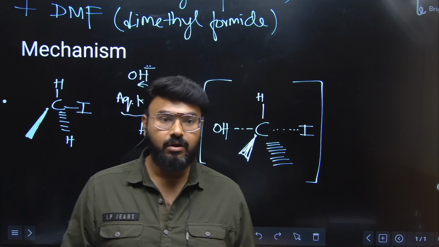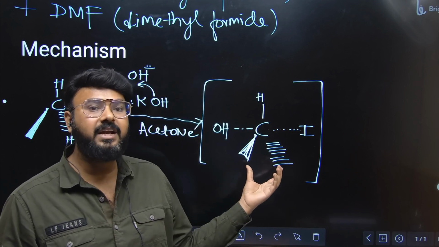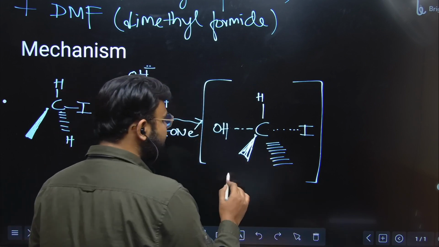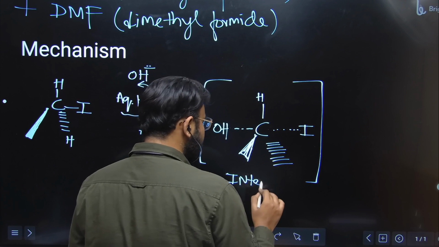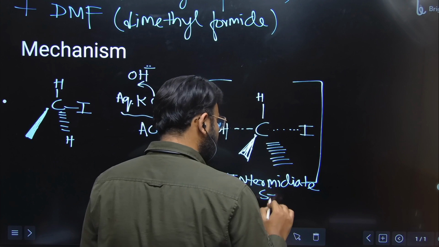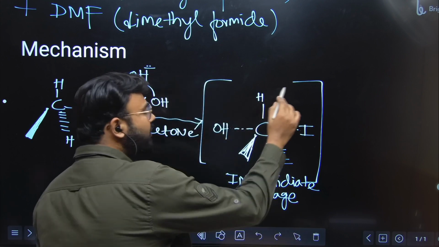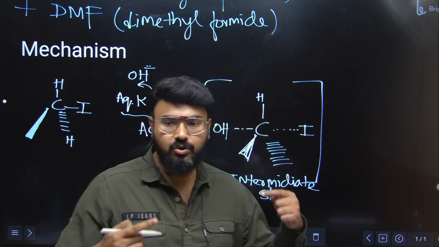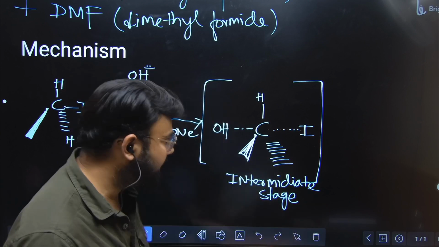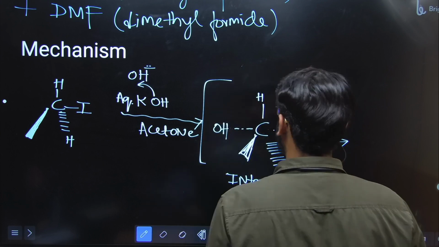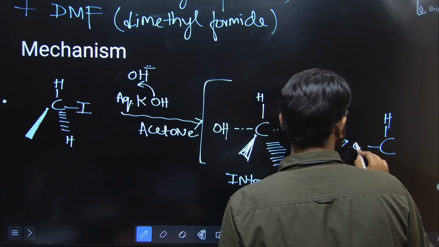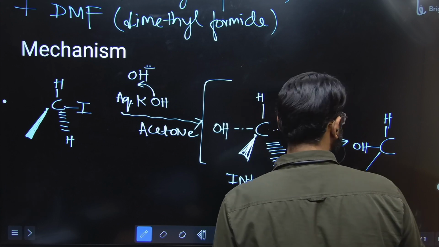You're getting it, no? So it is an intermediate stage, very short-lived. We just try to show that I is leaving. So why is this dotted line there? Because two things are happening at the same time, detaching and attaching. Exactly. So finally you get a product here, and that will be methyl alcohol. I hope it is clear.